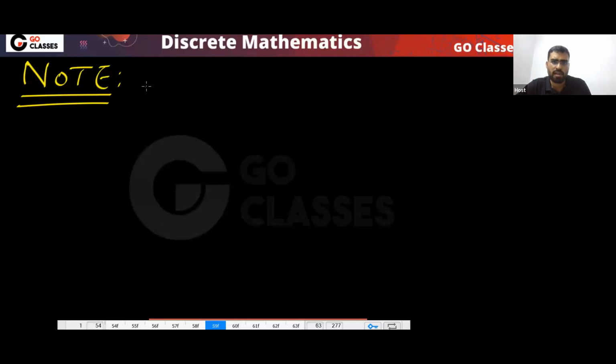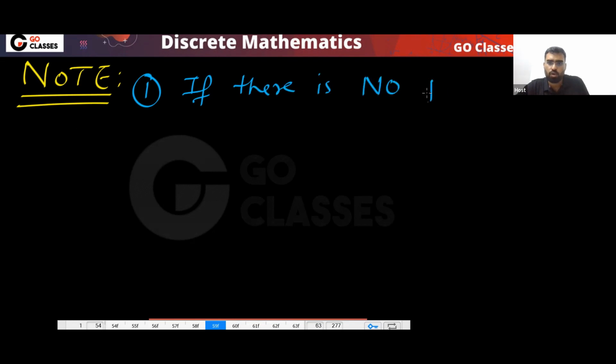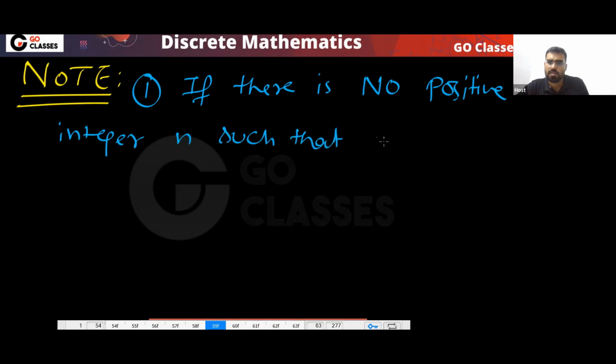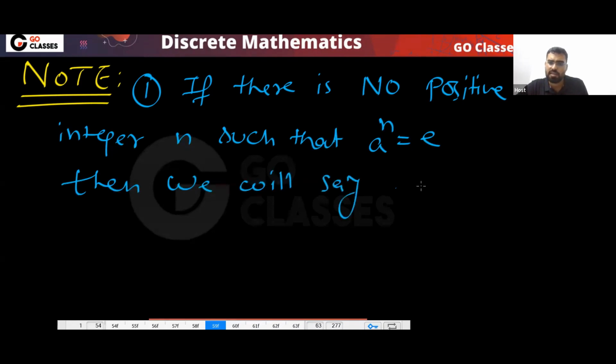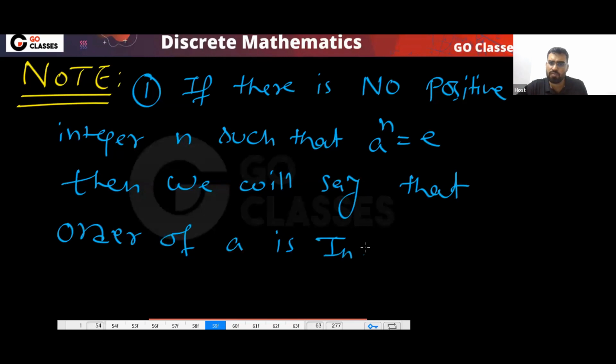First note: if there is no positive integer n such that A power n is equal to E, then we will say that the order of A is infinite.